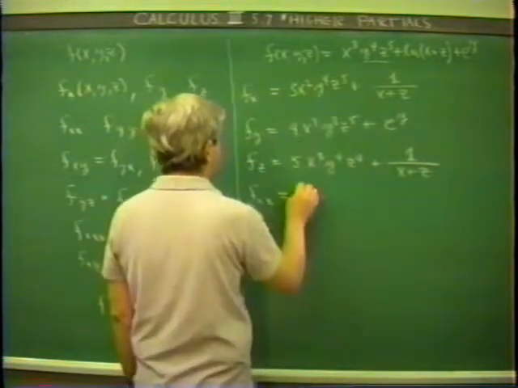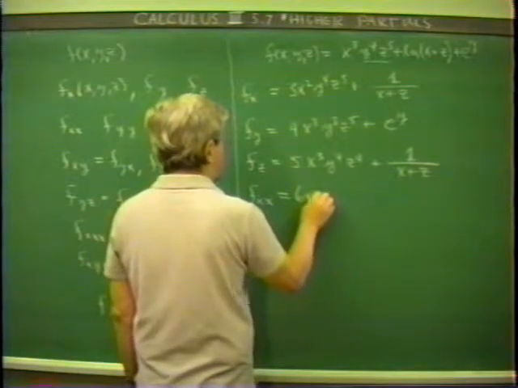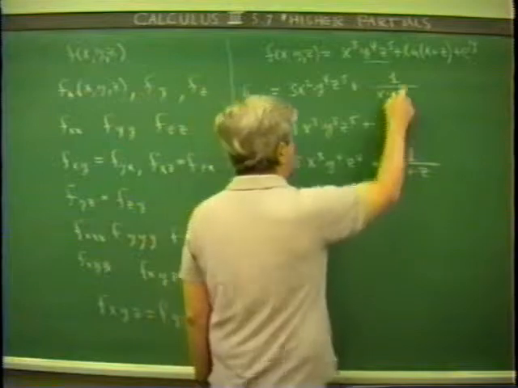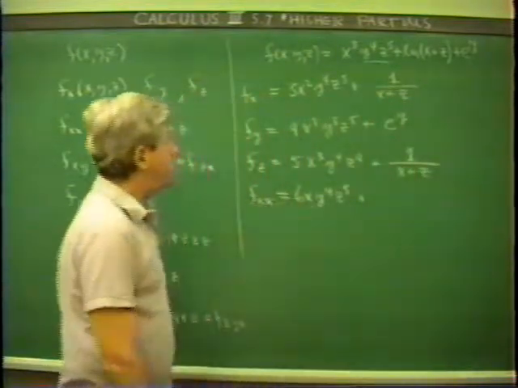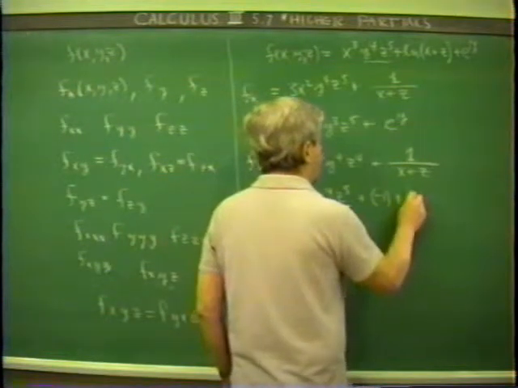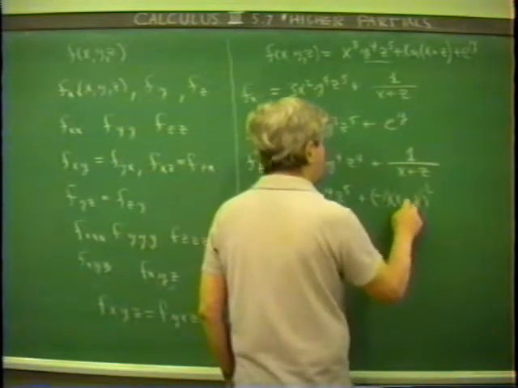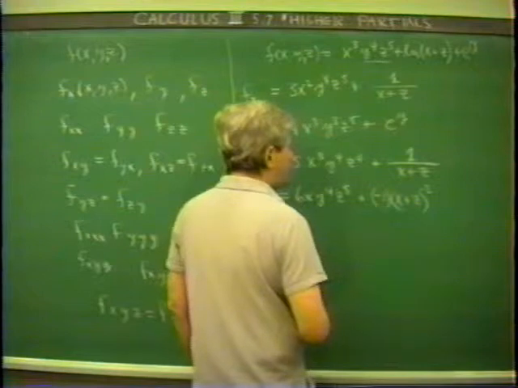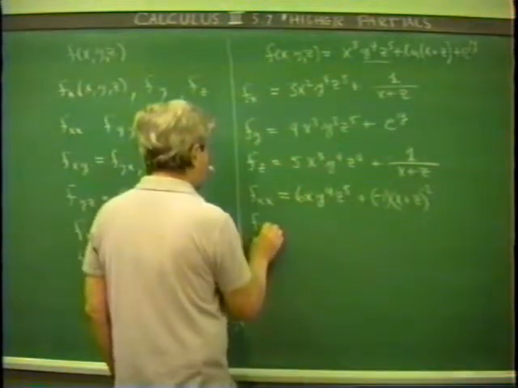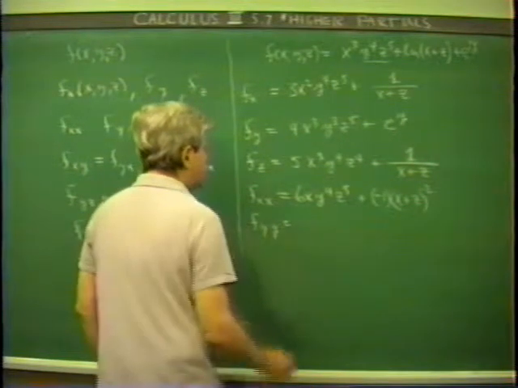Partial with respect to x, and then with respect to x. We're going to get 6x y to the fourth z to the fifth, plus, this is x plus z to the minus 1, so we're going to get minus 1 times x plus z to the minus 2, times the partial of this with respect to x, which is 1.